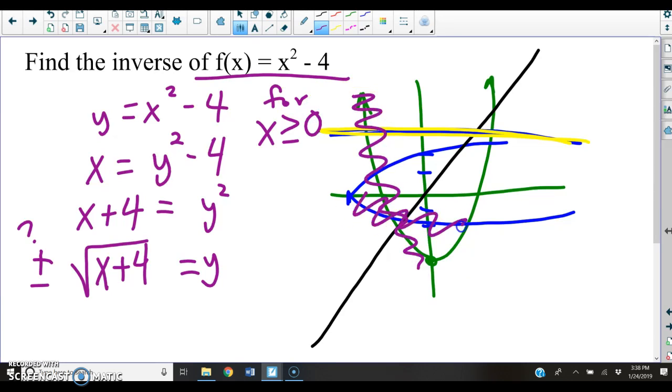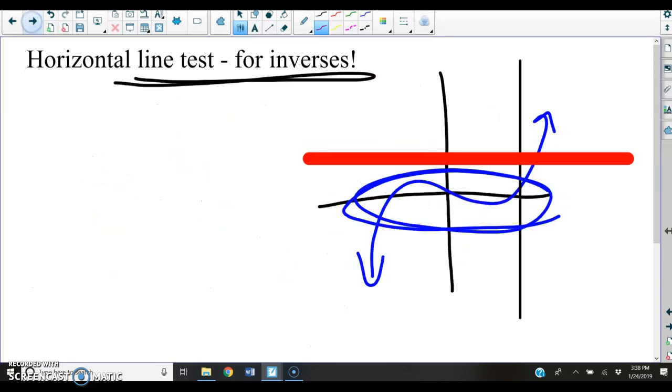And then this part would come off of the inverse. I would say that y would equal the positive only square root of x plus 4. So sometimes we have to take into account what the domain is so that we limit our range.